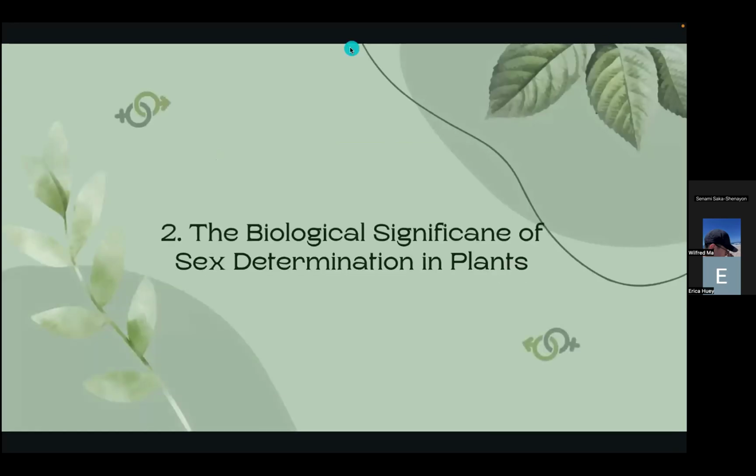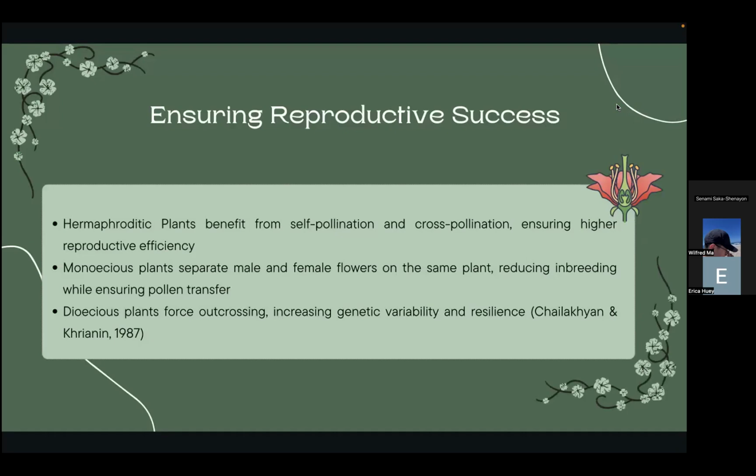Now we're going to move on to the next topic, which is the biological significance of sex determination in plants. Sex development in plants is essential for ensuring reproductive success. It helps plants determine whether they require male or female reproductive organs.